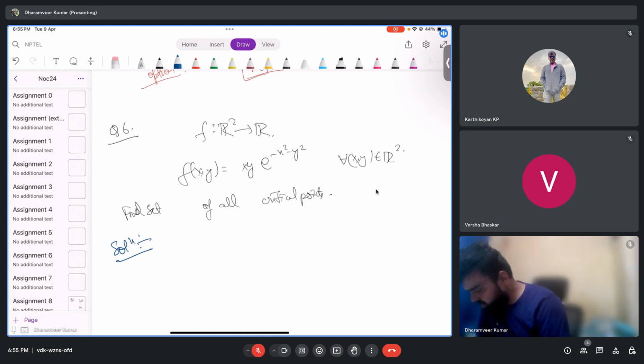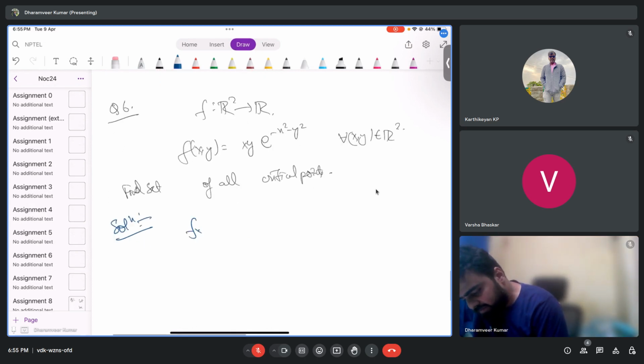So here's the solution. Fx, the partial derivative with respect to x. So what am I first supposed to do? Differentiate with respect to this, chain rule, right? So y e to the power minus x square minus y square plus xy.